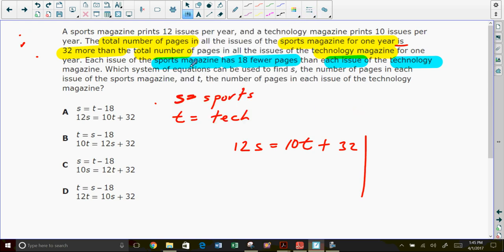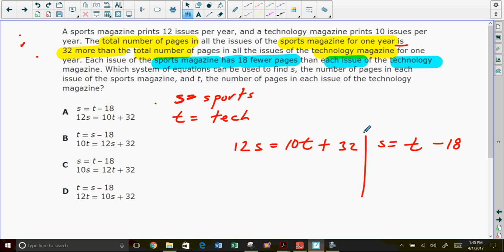Each issue of the sports magazine, so S, is equal to, where it says "has," that's our equals right there. 18 fewer pages: 18 fewer is minus, because whatever that number is, we're taking away 18. 18 fewer pages than each issue of the tech magazine. So here's our tech mag: 18 fewer than the tech magazine. So those are our two equations.